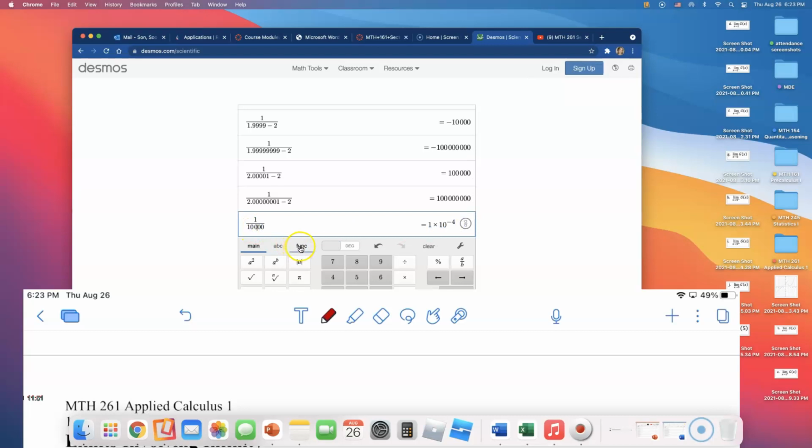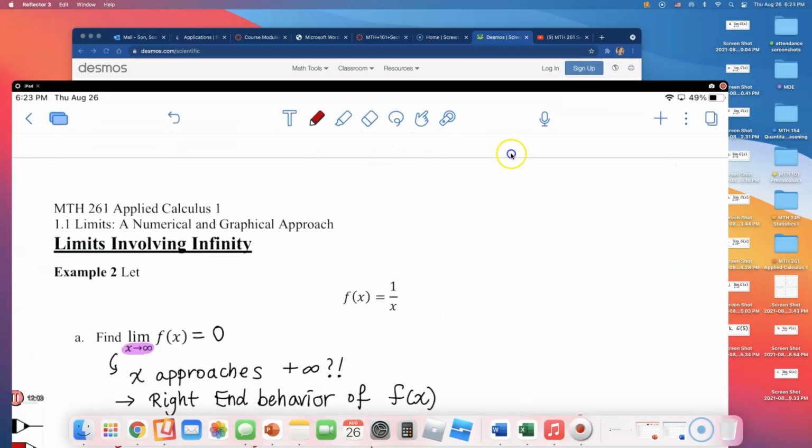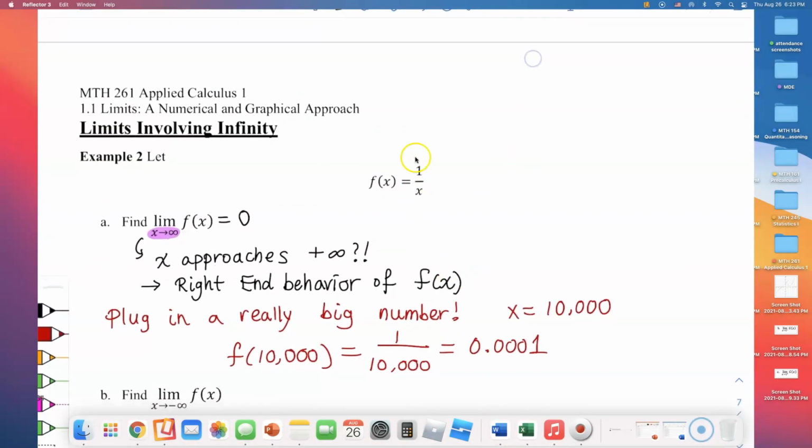But even 1 divided by 1,000 is 0.001, so 1 divided by 10,000 must be 0.0001. Hopefully that convinced you that if you divide 1 by a big number, that's almost 0.